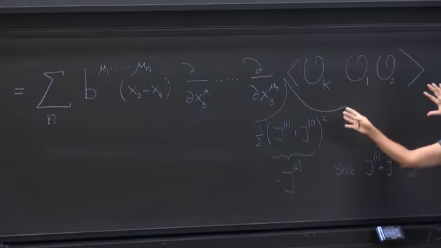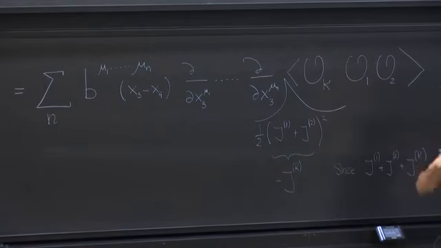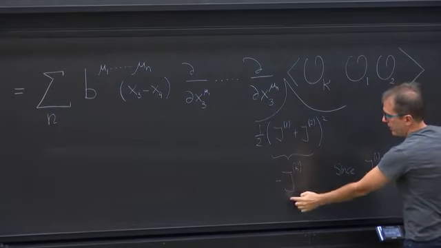If I have a 3-point function and I rotate everyone, I'm doing nothing, right? And so I can trade action on these guys by action on JK.